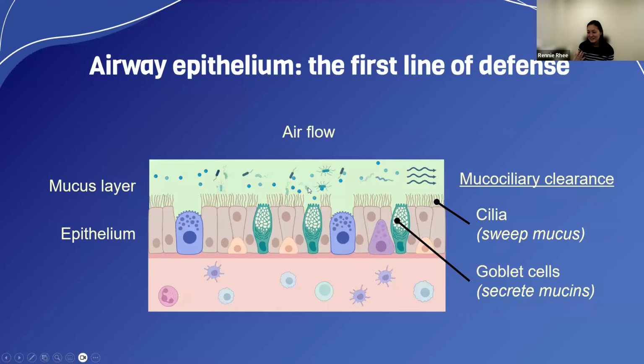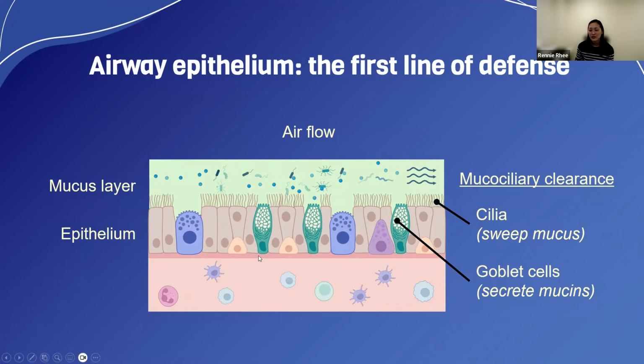And all that snot that you blow out every day is actually a very complex, coordinated event of many different cells and compounds and activities to help constantly replenish and refresh the epithelial lining. And even the mucus in our nose has important nutrients that help certain bacteria to thrive.